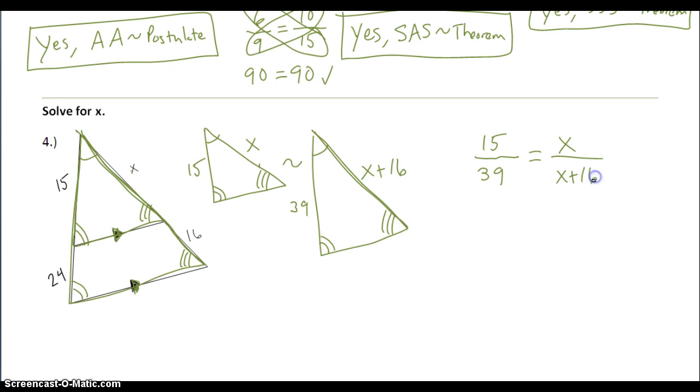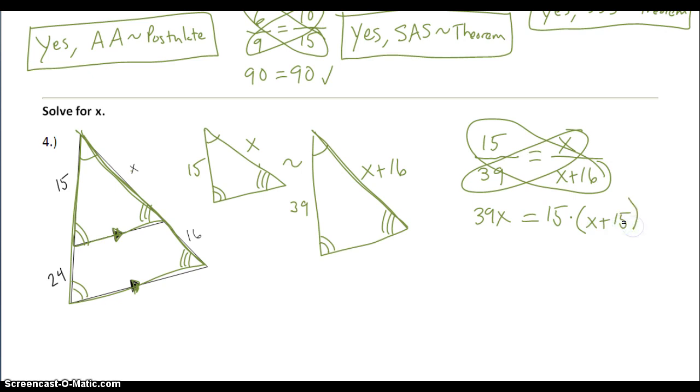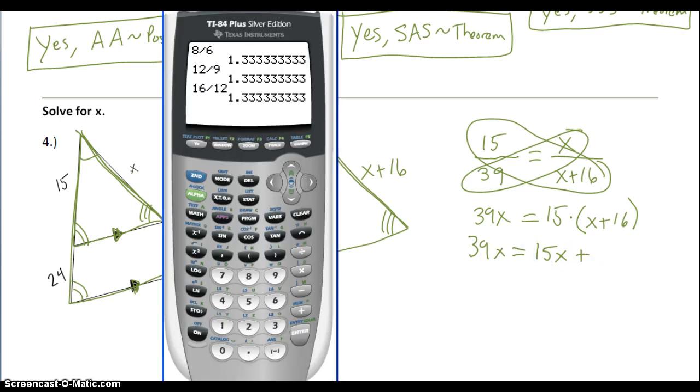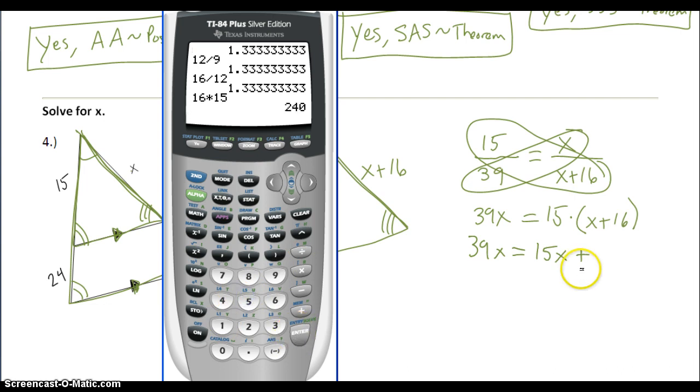Now to solve, I'm going to cross multiply and then solve for x. 39x equals 15x plus 240.